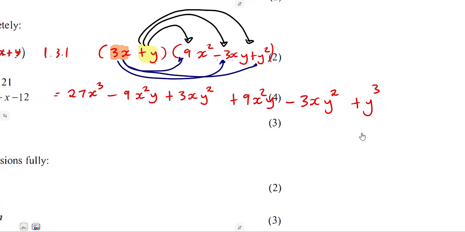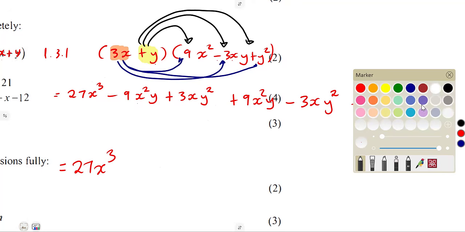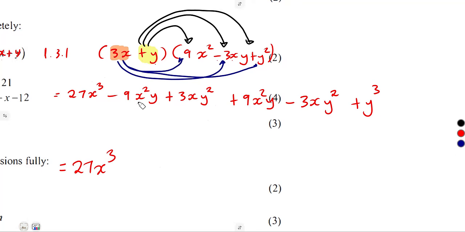From there, we simply need to collect the like terms. Do we have anything related to x to the exponent of 3 along this expression? We do not have. So this one is just going to remain as it is, that's 27x to the exponent of 3. All right, we check where we have got x squared y, x squared y.